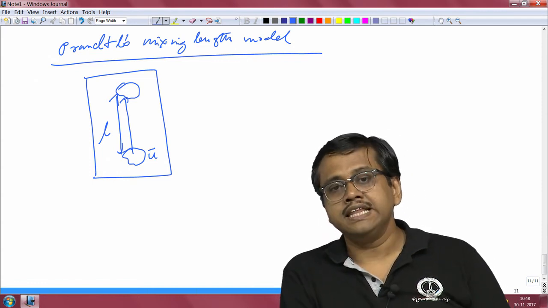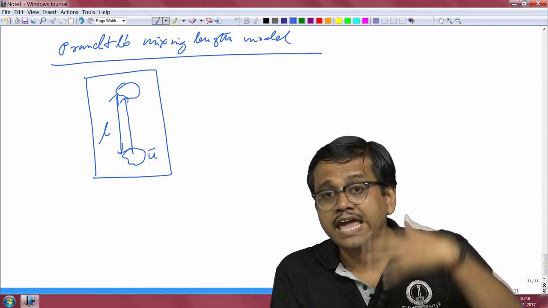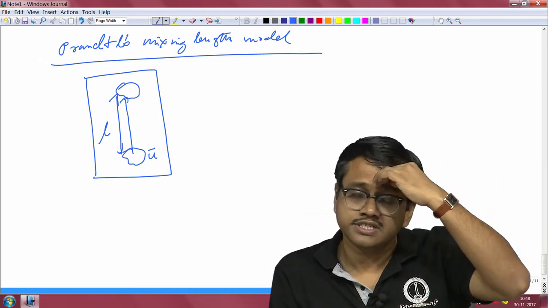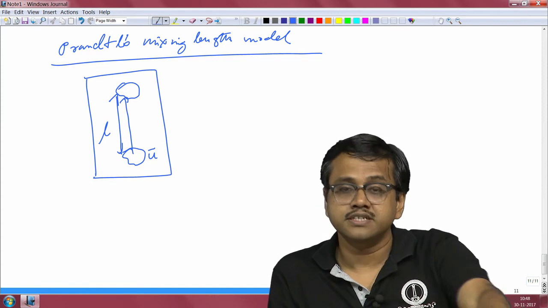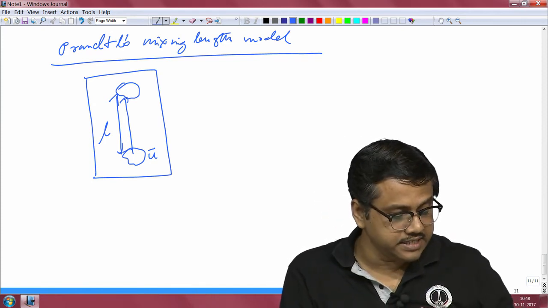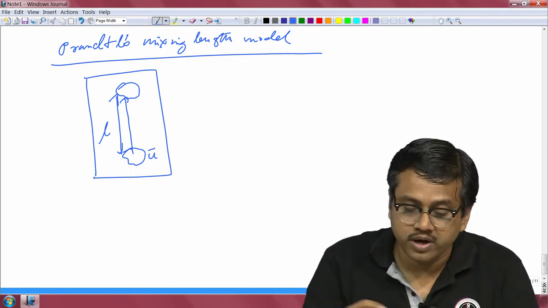So, it is basically I am able to maintain my identity up to that particular distance. It is akin to the mean free path that you get in your conventional statistical mechanics. It is the concept of mean free path. This is the distance in which this blob of fluid is able to maintain its identity. So, that is that quantity L.